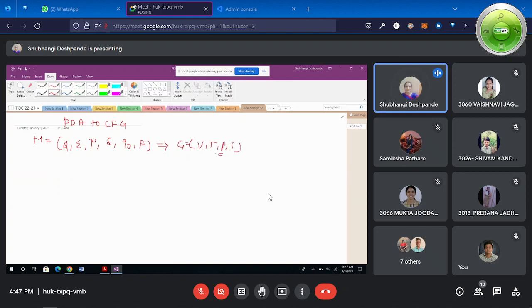So we are generally interested in production rules, and from the production rules we can write V, T, that is, terminals, non-terminals and start symbol. Fine. So for conversion from PDA to CFG, we will have three rules. Write down these rules simultaneously. So first is R1.